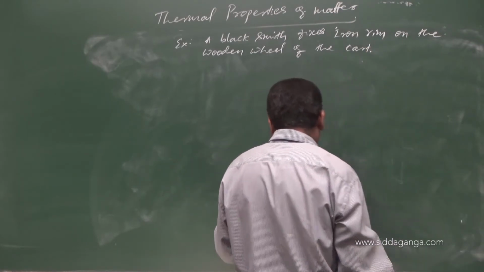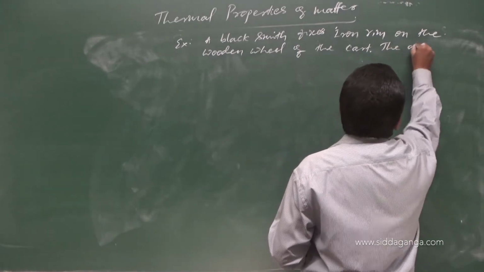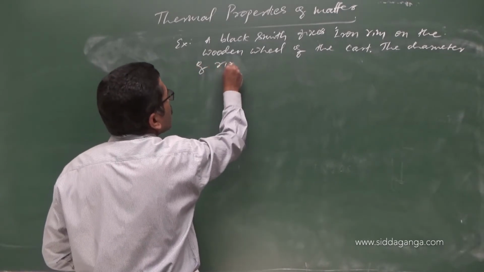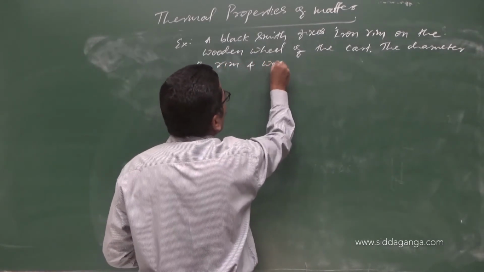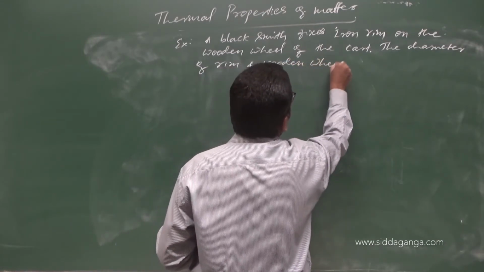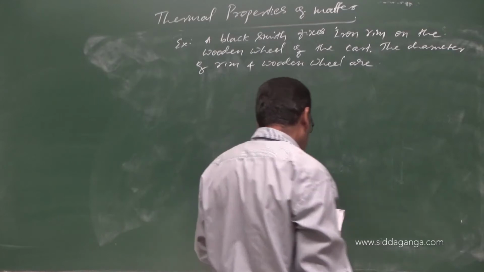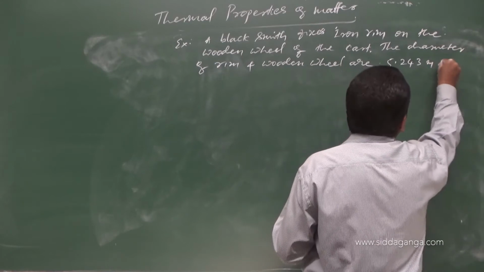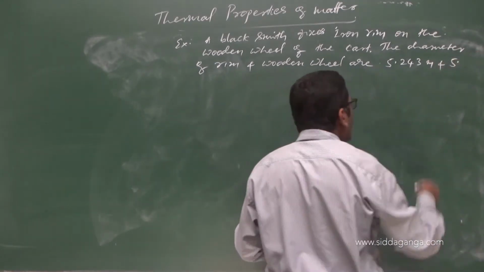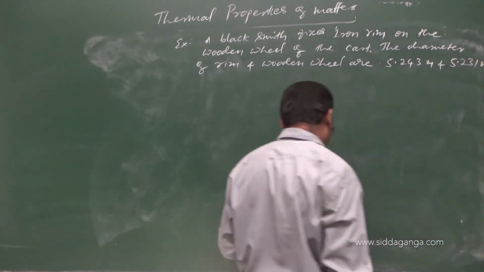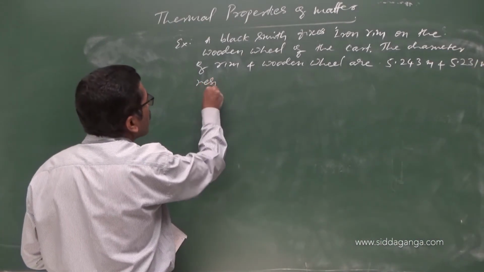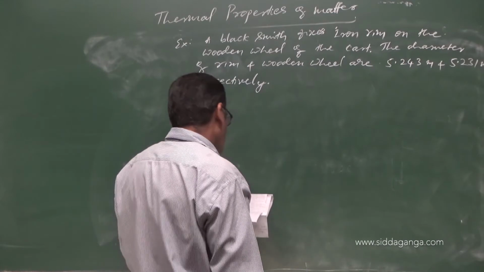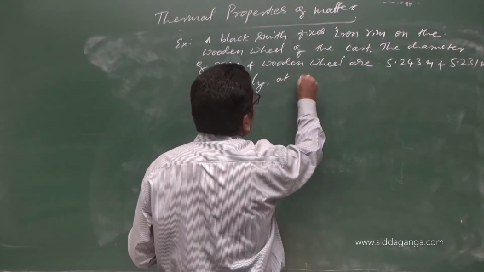The diameter of the rim, the iron ring, and the wooden wheel are 5.243 meter and 5.231 meter respectively at 27 degrees Celsius.